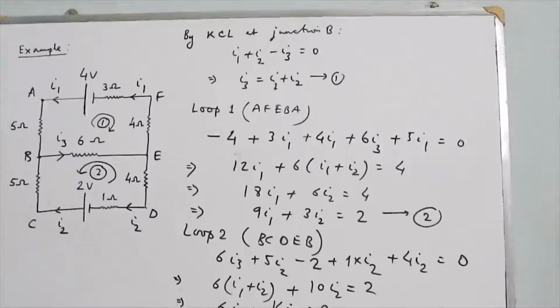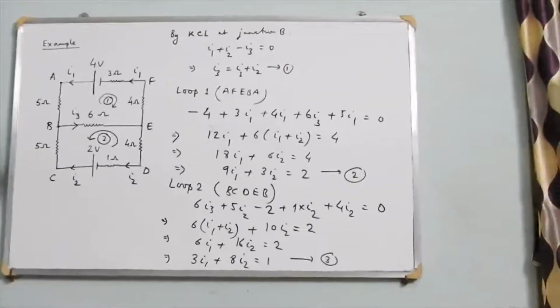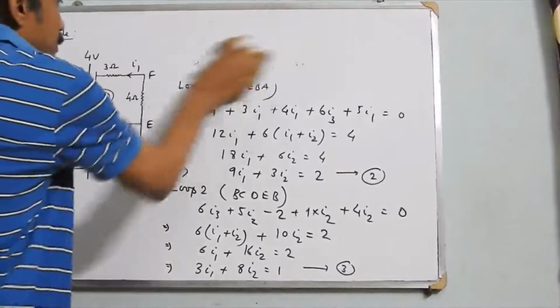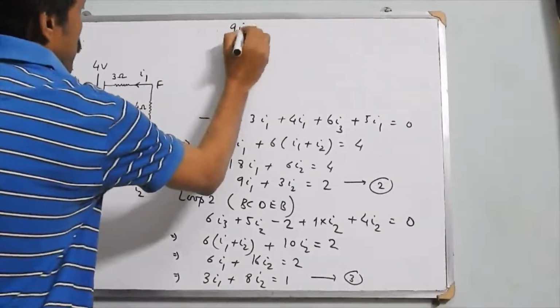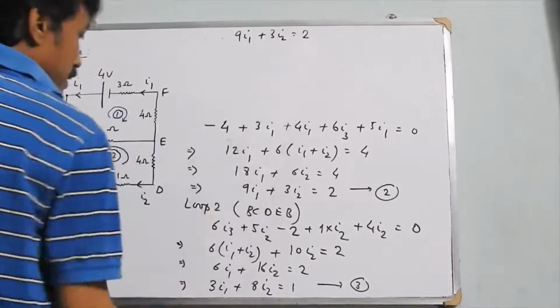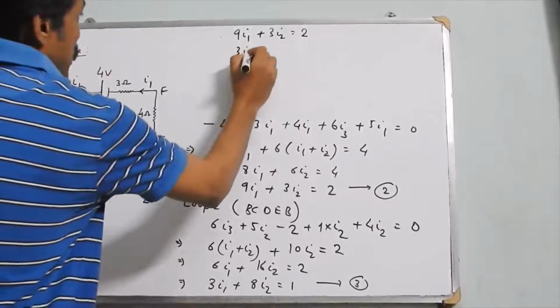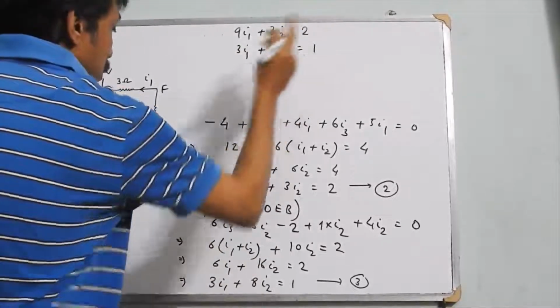So you can note it down and then I will use these two equations only. So our first equation is 9I1 plus 3I2 is 2, and second equation is 3I1 plus 8I2 is equal to 1.